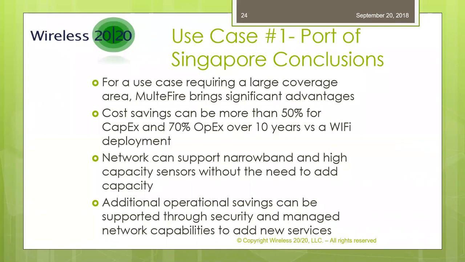There's no need to add additional capacity, even though the model assumes there is growth in traffic over the 10 years that the model covers. We never had to add additional capacity, so this brings lots of additional capacity savings. That is what a large-scale IoT network might look like from an economic standpoint.